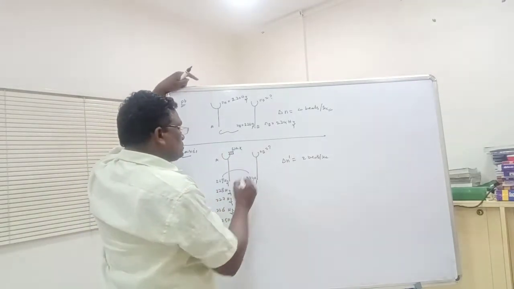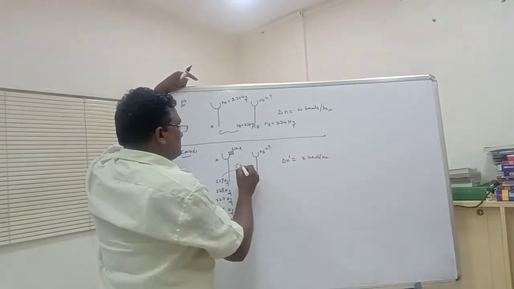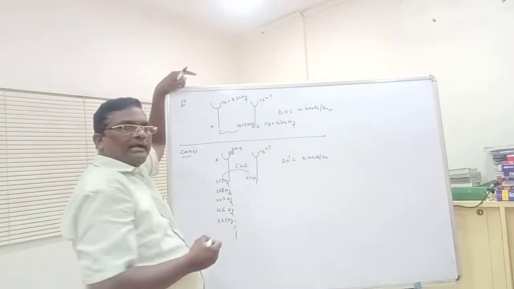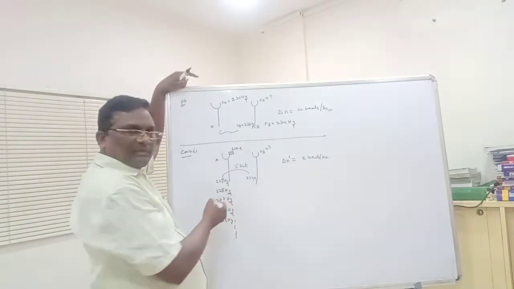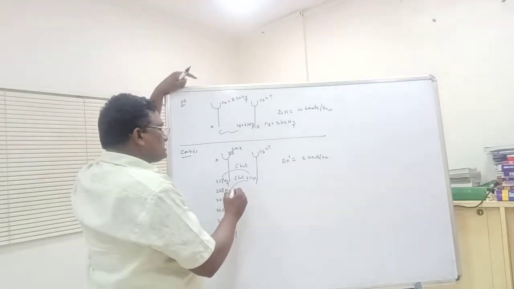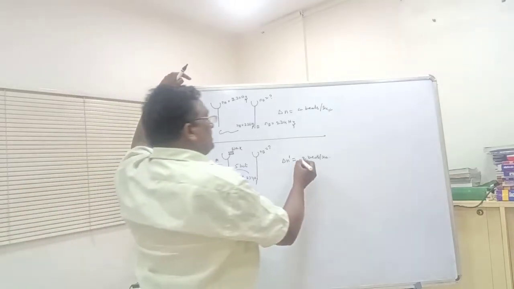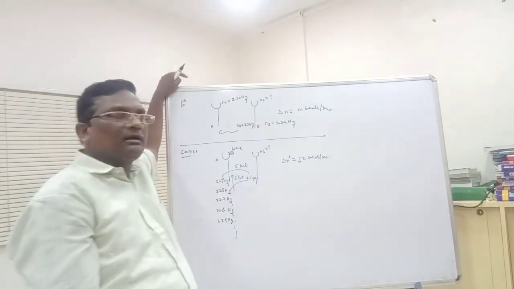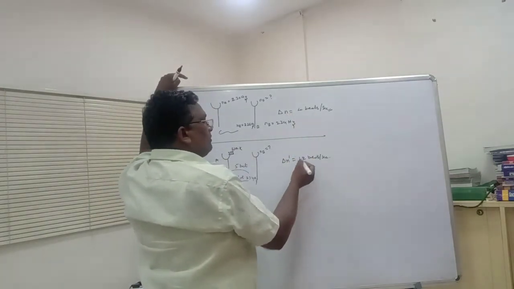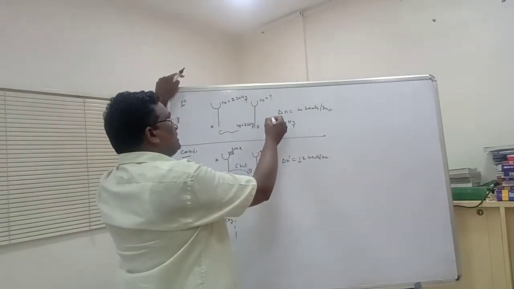What is the difference between these two? 234 minus 229, that is 5 beats. Suppose it is giving 228 Hz, 228 vibrations per second. If you vibrate these two, 6 beats, means beats are increasing. But here apparent beats are decreasing. Initially it is giving 4 beats, now after loading it is giving only 2 beats. So this option is not correct. So 234 is not correct.